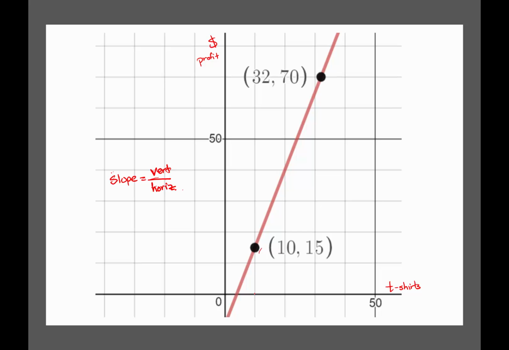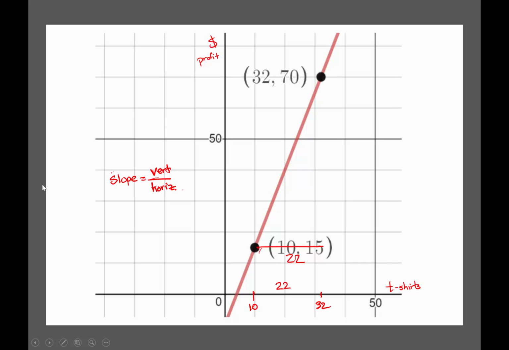But what I could realize is that I've sold 10 t-shirts, and the 32 is basically aligned over here at that point on the x-axis, and I could figure out that that was a change of 22. And I'm going to actually draw that up here on the graph. That is a change of 22 t-shirts. So we've sold 22 more t-shirts.